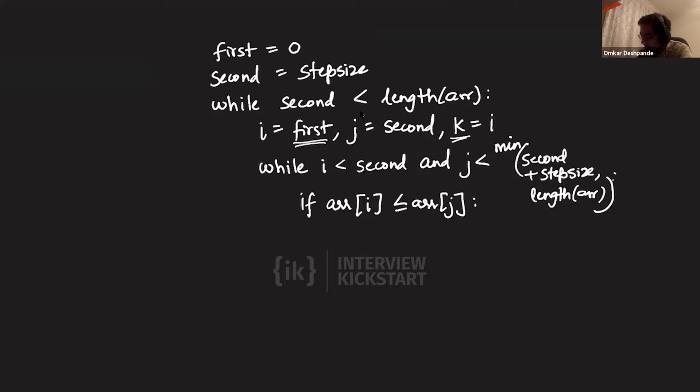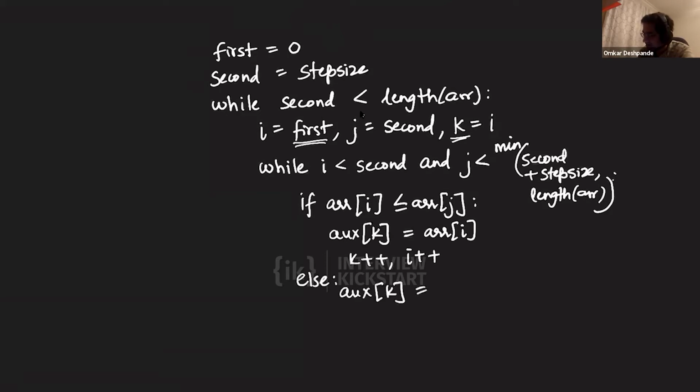So if array of i is less than or equal to array of j, that means I'm going to take the auxiliary space and at index k, I'm going to copy the value of array of i and then do k plus plus and i plus plus. Otherwise, if array of j is the smaller value, then I'm going to copy into auxiliary of k the value that was at array of j, then do k plus plus and j plus plus.